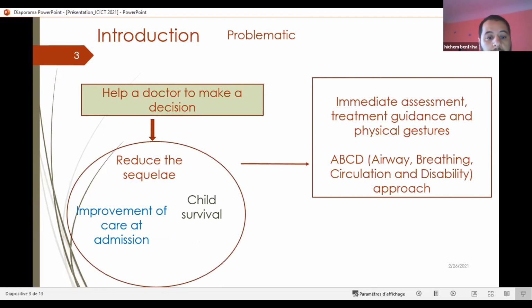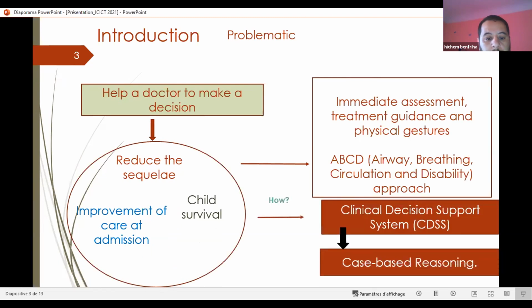Therefore, immediate assessment, treatment guidance, and physical gestures in primary health care of a TBI child must be done according to the ABCD protocol: airway, breathing, circulation, and disability approach. In this work, we present a promising case-based decision support system to be applied in the ABCD approach in taking care of a child's TBI.